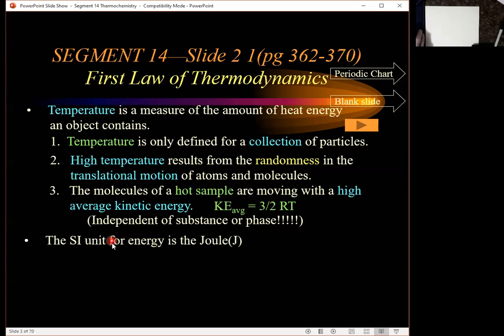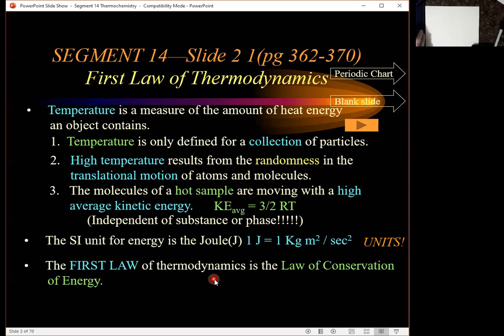So that's something you probably didn't know, and I hope you learn something at every lecture, but I bet you didn't know that. The SI unit is joules, and I told you a while ago, from Newton's second law, it's mass times velocity squared, so it's kilograms meters squared per second squared.